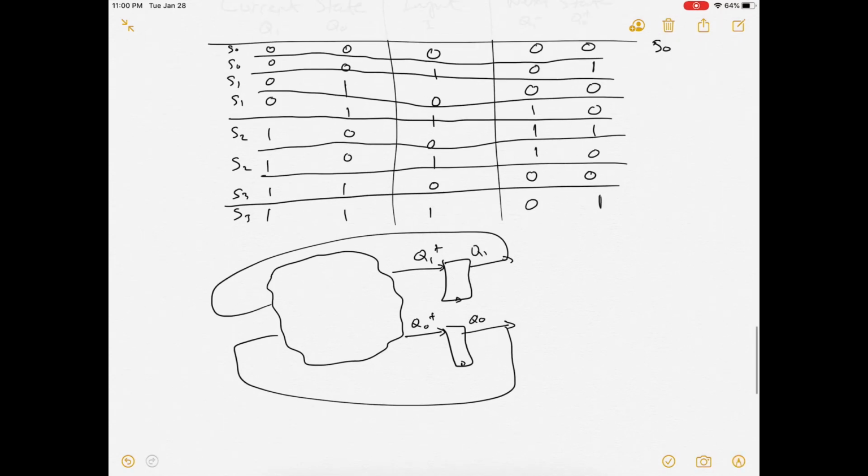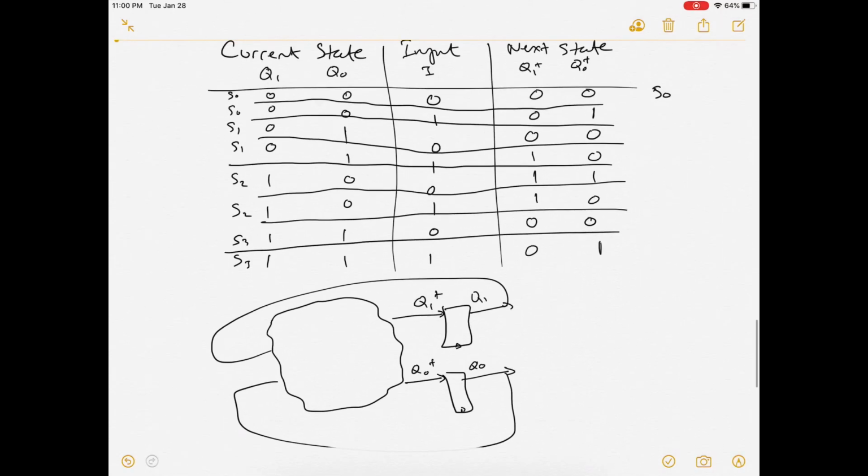Basically, based on the truth table, we also have the input coming in. If Q1 is 0 and Q0 is 0, so the current state coming from here is 0 0, and the input is also 0, we're going to output 0 0. So in here we're going to have 0 and 0, and so on. So we're going to build this circuit that will basically do this.